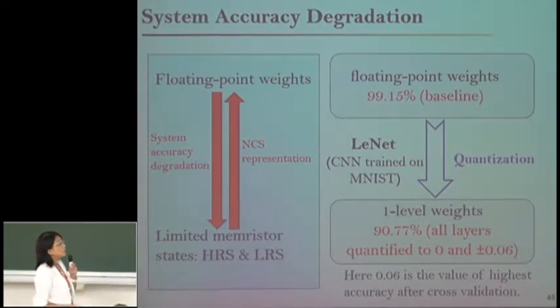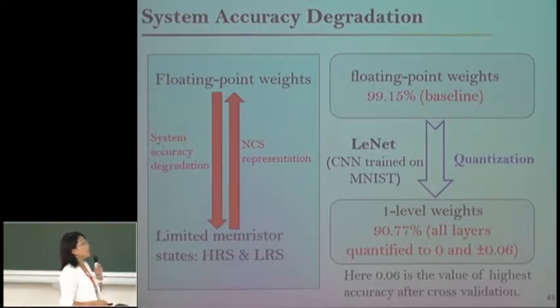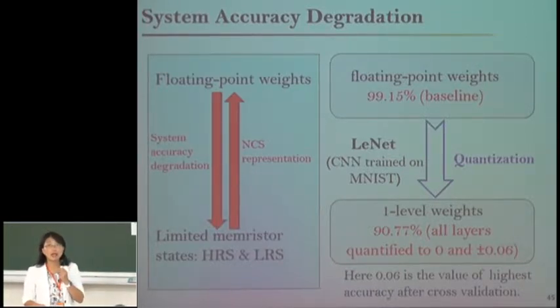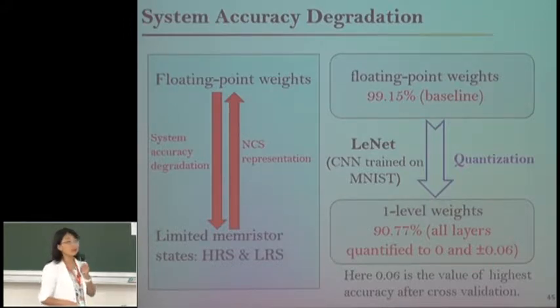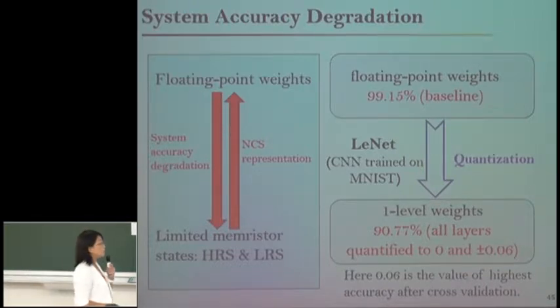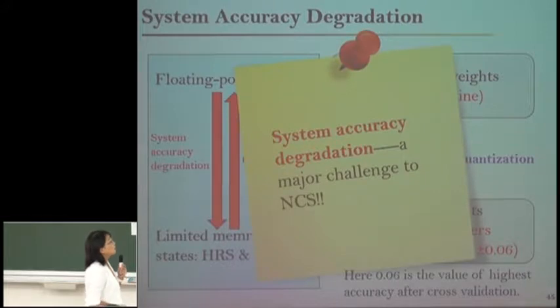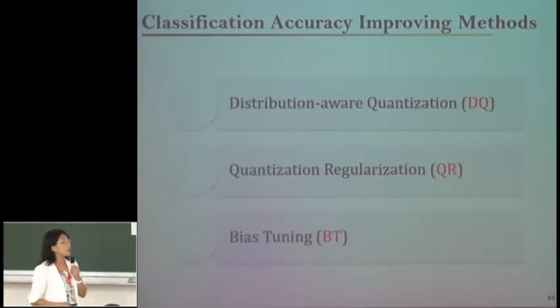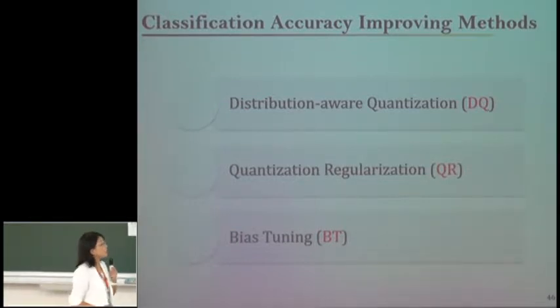As you can see for LeNet, a CNN structure trained for MNIST, which is still a very simple example, floating point weights obtain 99% accuracy. With 1-level weight mapping, the accuracy dramatically drops to 90%. It's already close to useless. It's a major challenge, especially when trying to leverage existing memory technologies.